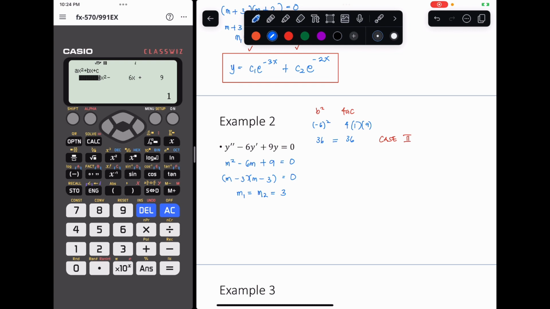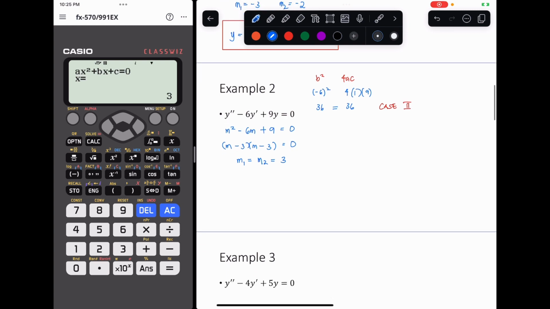Although in using the calculator it only shows a single root, that means that's a repeated root. It will not show that there are two threes there. But we know that that is a second order differential equation, so therefore there should be two roots. On the calculator it will only show a single root, so that means it is just repeated. So our m1 and m2 is the same, which is 3.